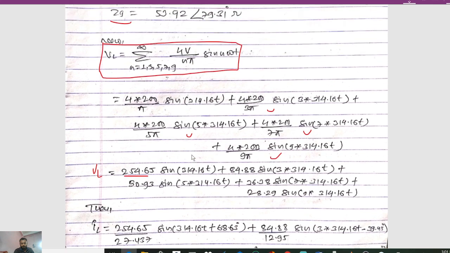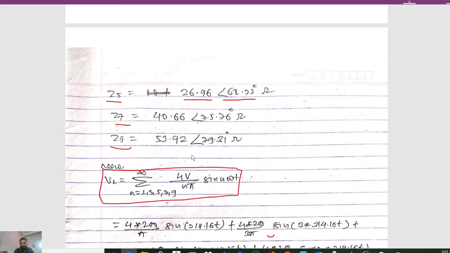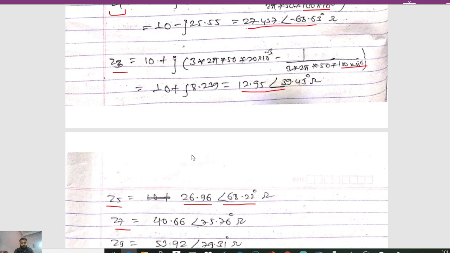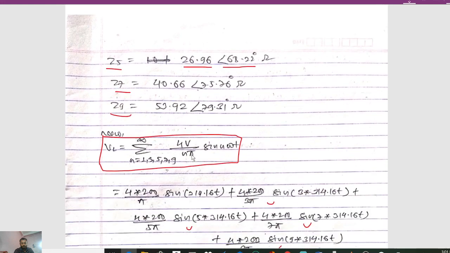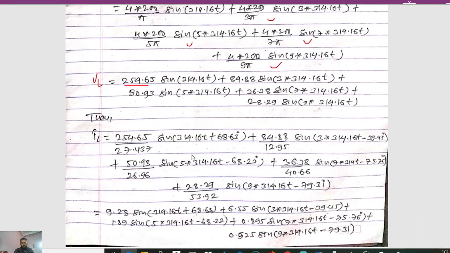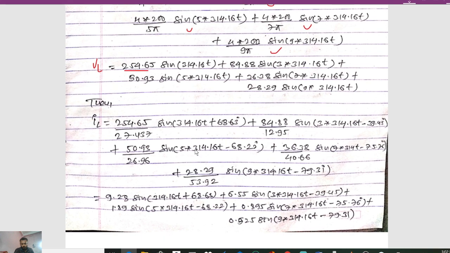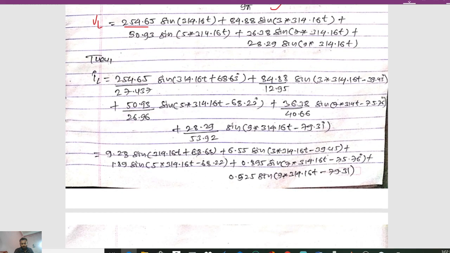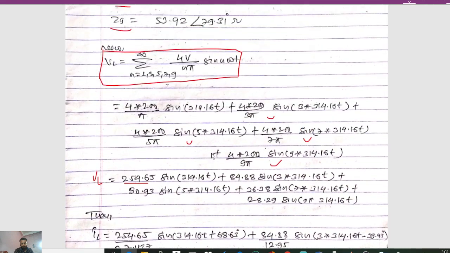And similarly here its respective impedance is given, Z1, Z3, Z5, Z7 and Z9. So now IL will be VL upon its impedance. So once you solve we will get the value here as 9.28 sin 314.160 plus 68.63.